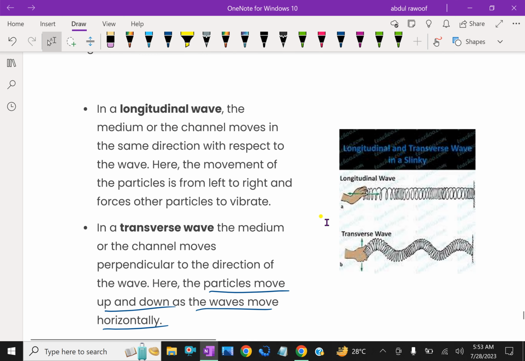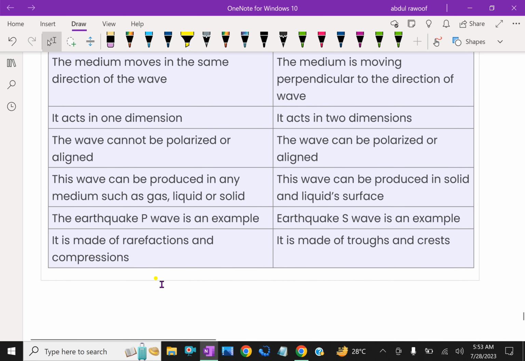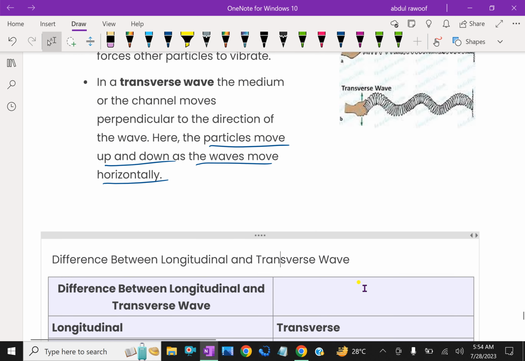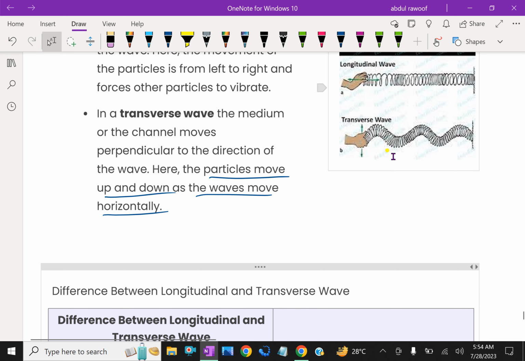A rarefaction is where the medium is enlarged, and a compression is where it is compressed. Transverse waves are made of crests and troughs. Here, this is a crest and this is a trough. The upward point is the crest, the downward point is the trough.